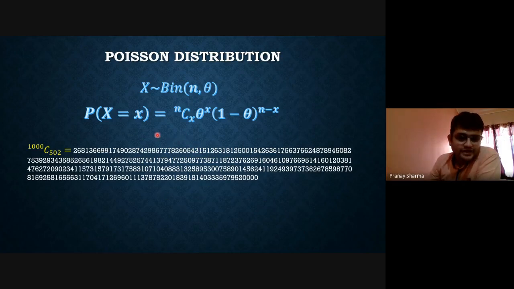I actually calculated it and I have written all of these values correctly. So 1000C502 is this particular value that we can say is 2.681 into 10 raised to 299.